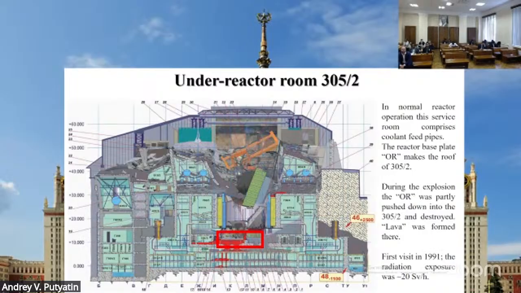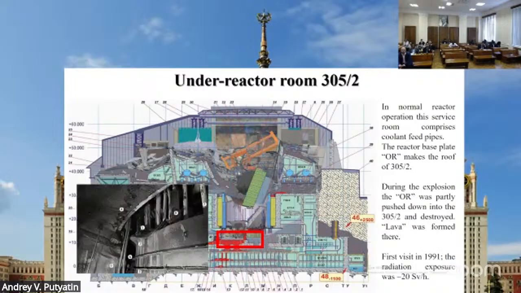And it is forbidden to enter there because of very high radioactivity. But after the accident, this room was the place where most events happened, because the materials from the reactor were simply thrown into this room.